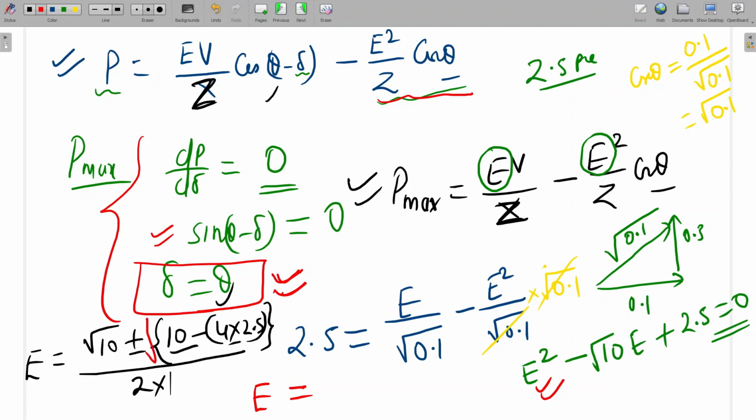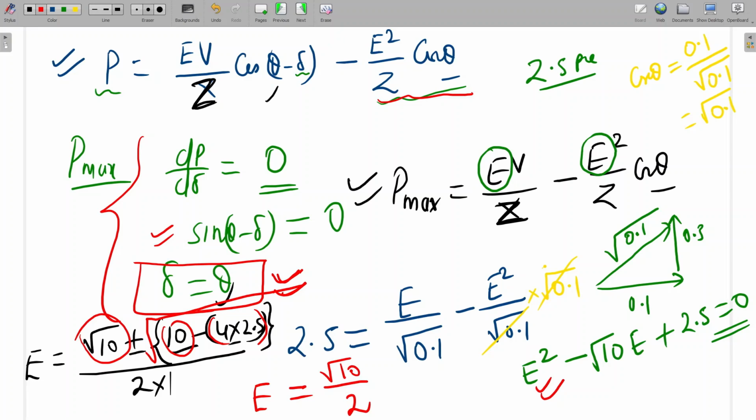Minus b plus minus under root b square minus 4ac by 2a: 10 minus 4 into 2.5, how much will it be? 10. So 10 minus 10 will be 0. What will be remaining? Only the first term. So E will be under root 10 by 2. Can anyone calculate what this value will be?